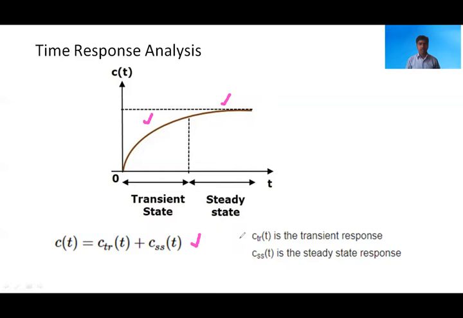The transient response is a function of time, therefore it is changing from one value to another as the time is increasing, and the steady state value is almost a constant. At t equal to infinity, it reaches the final value. So it indicates the final value of the system at t equal to infinity.